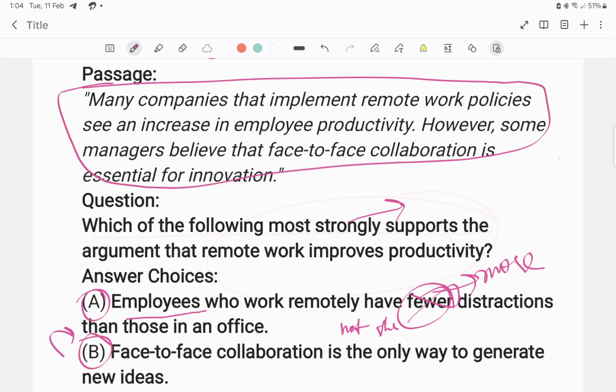Step 4 is to check if the passage still holds true.